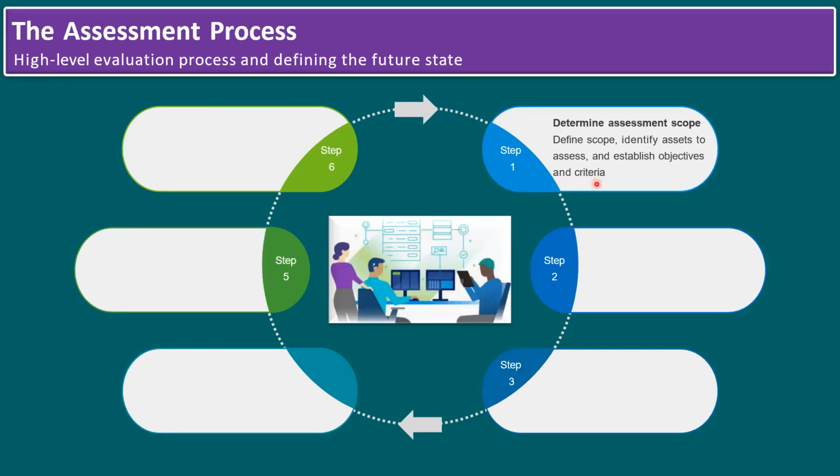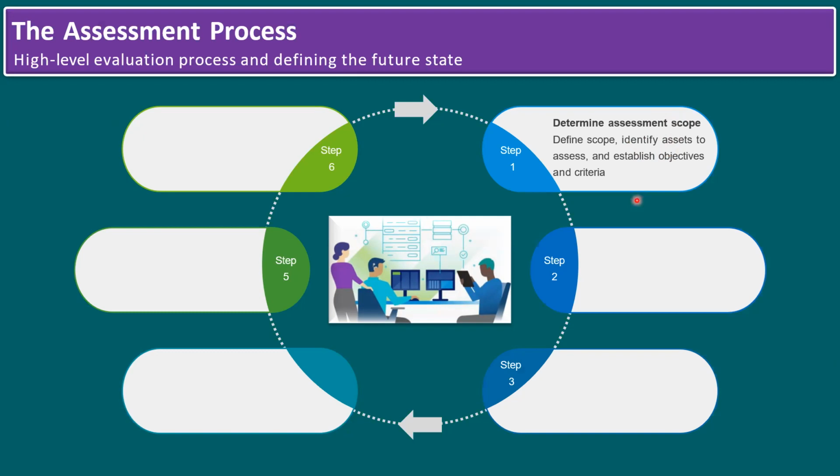Let's say when we are planning to do the assessment of our entire IT environment, first of all, we should know how many networks we have, how many servers, how many storage equipments, how many virtual machines. We should have all the details of the entire IT environment, so that based on whatever assets we have, we can establish our assessment scope.